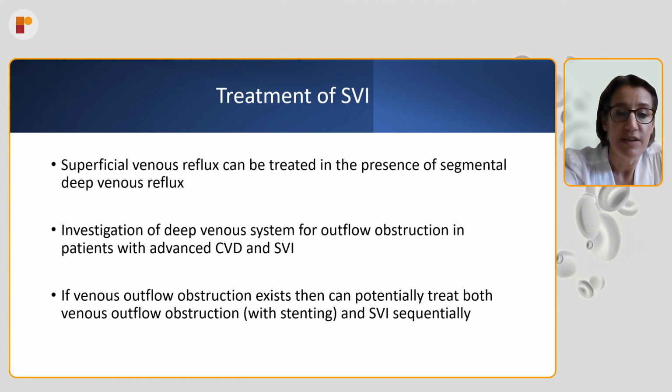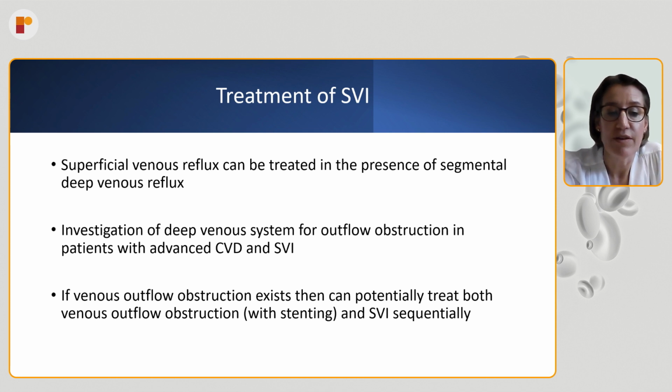We need to investigate the deep venous system for outflow obstruction in patients with advanced chronic venous disease and superficial venous incompetence. And if venous outflow obstruction does exist, then we can potentially treat both venous outflow obstruction with stenting and superficial venous incompetence sequentially. And I know Erin's going to talk about that later.